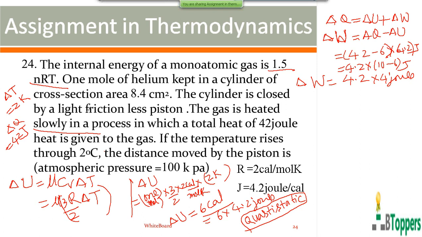It is given that the piston is light and frictionless, so you need not consider the weight of the piston in the calculation. So we can approximately assume the pressure of the gas to be constant, equal to the atmospheric pressure, which is 100 kilopascal, meaning 100 into 10 cube pascal, or 10 power 5 pascal.